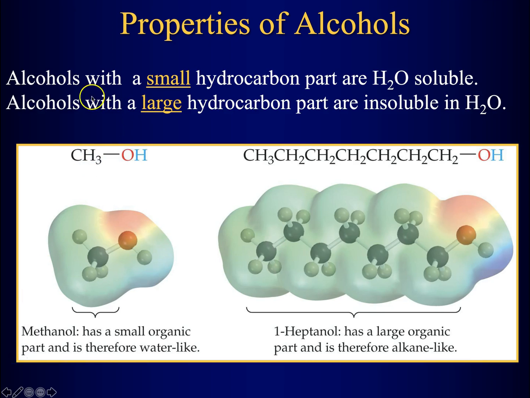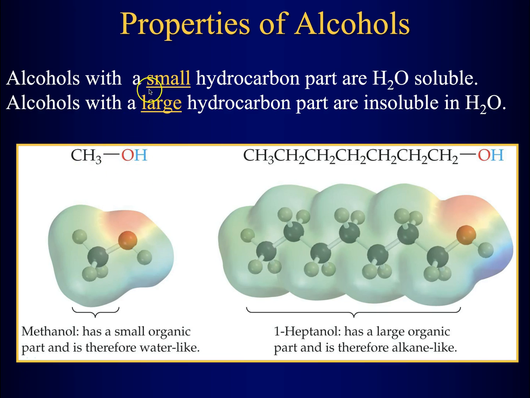As we saw in our last slide, alcohols with a small hydrocarbon part are water soluble. They will mix with water, whereas alcohols with large hydrocarbon parts are insoluble. Those hydrocarbons are hydrophobic, i.e. they don't like to be around water, whereas our electronegative groups, our OH, do like to be with water.